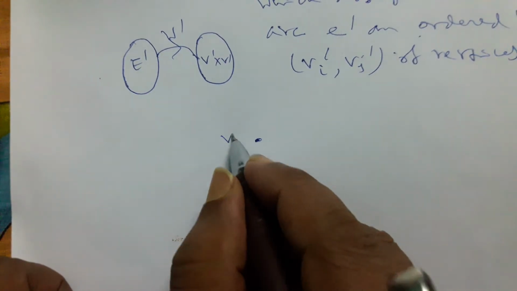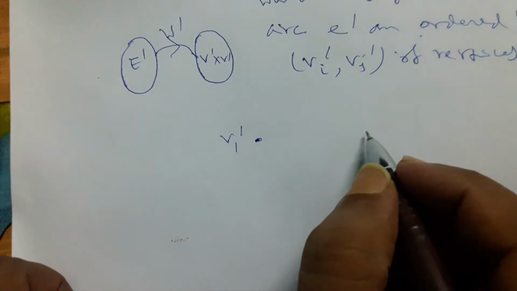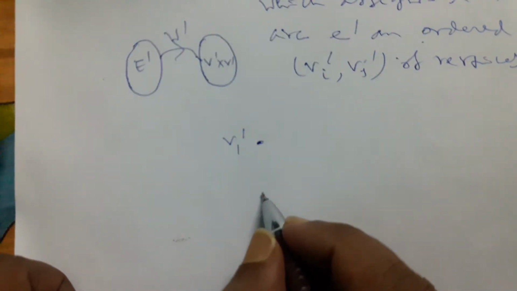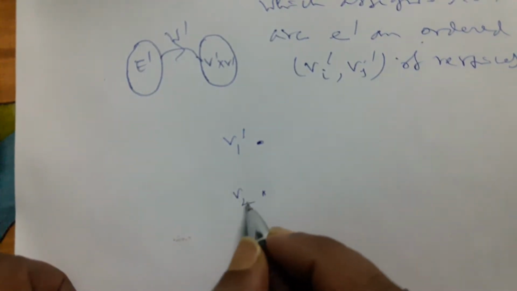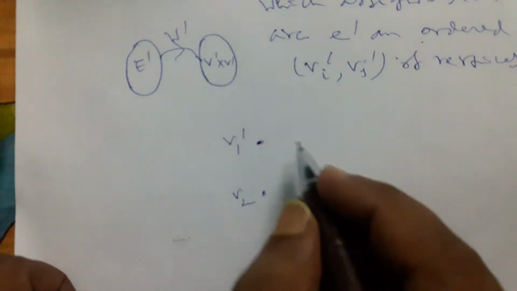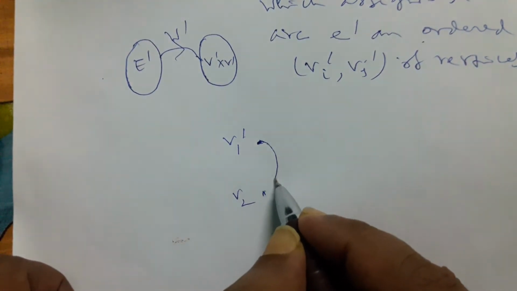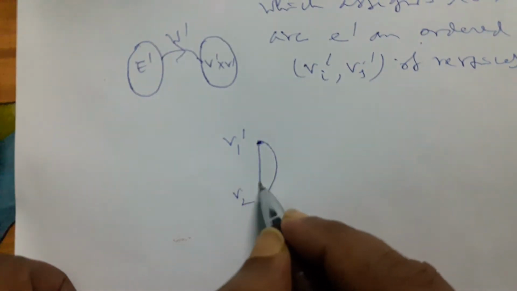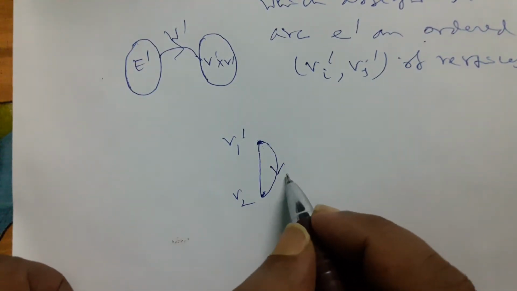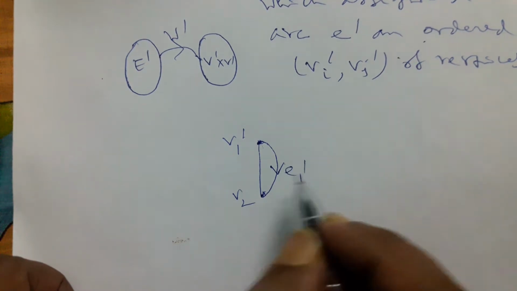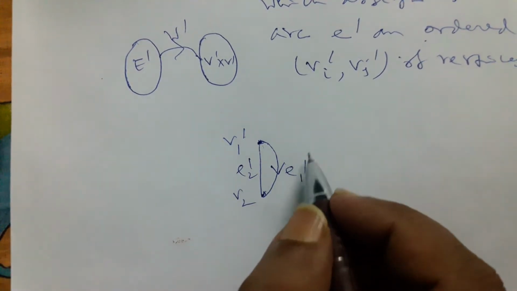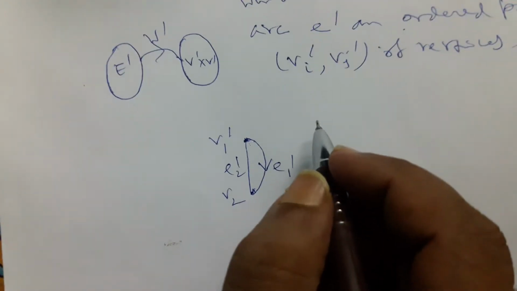Suppose V1 dash and V2 dash, and we consider a digraph here with parallel edges, e1 dash and e2 dash.